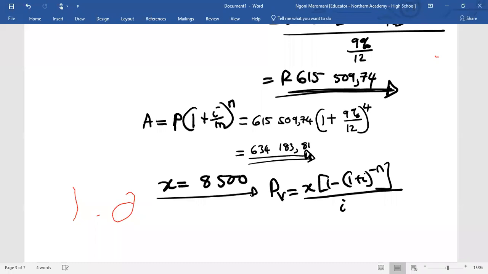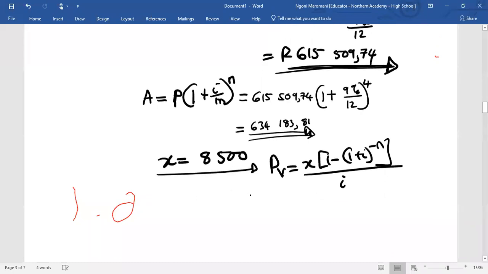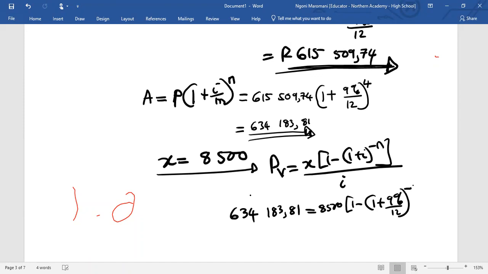Our present value is 634,183.81, which equals what's our X? 8,500 into 1 minus 1 plus what's our interest rate? It did not change again. To the power of minus n.